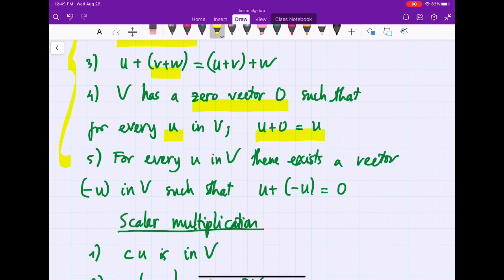And the last property is about the additive inverse. For every u in V, there exists a vector denoted by negative u, such that u plus negative u is 0. And of course, in this case, you have the 0 vector, not the number 0, okay? That is a vector. This is also a vector, okay?